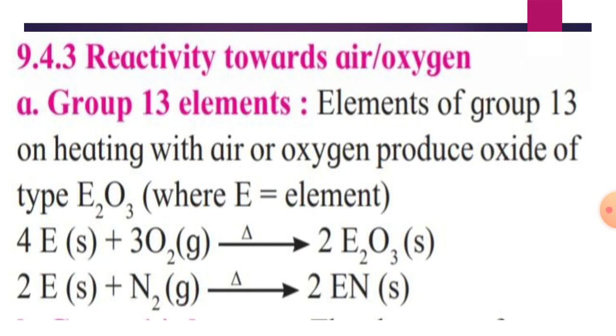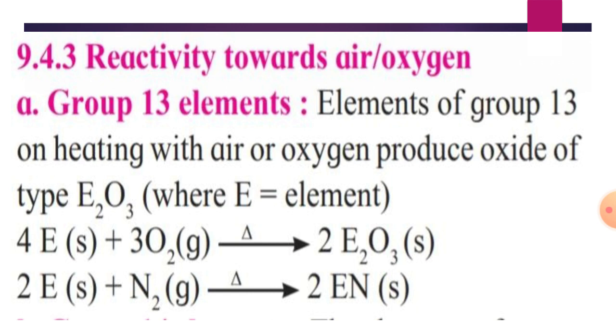E means element. You can take any element of group 13. Any element of group 13, when heated with air or oxygen, gets converted into the respective oxide in the form of E2O3.